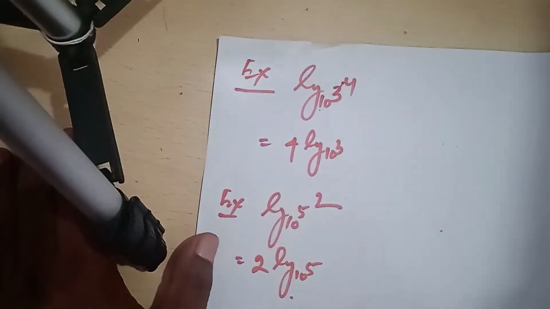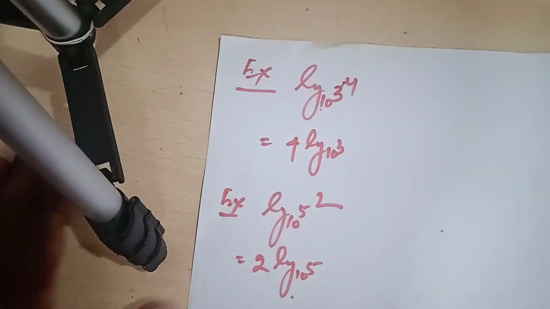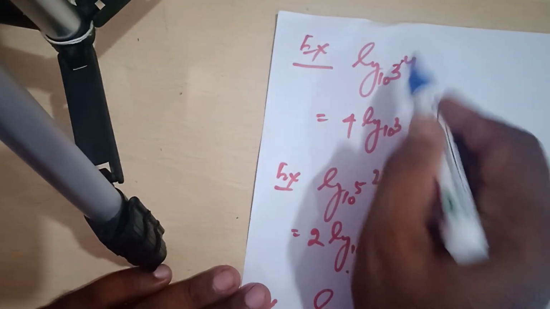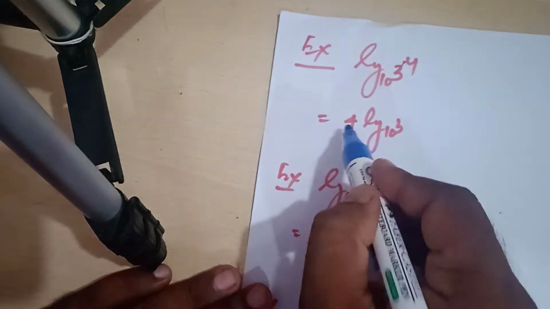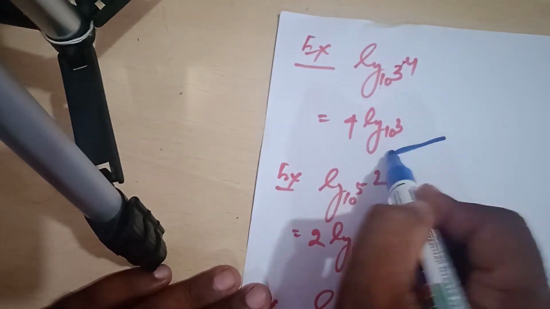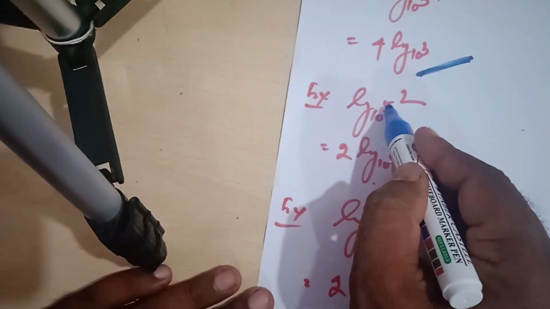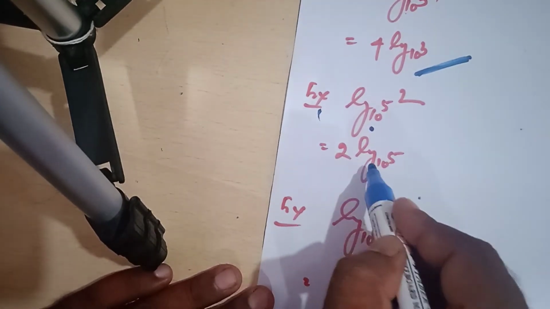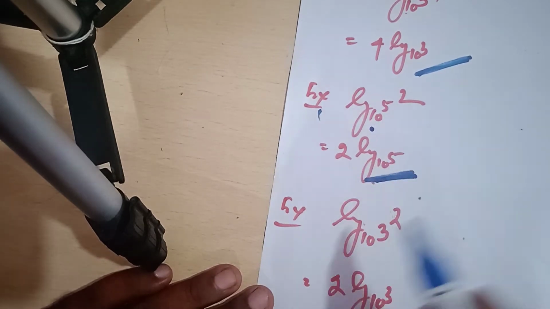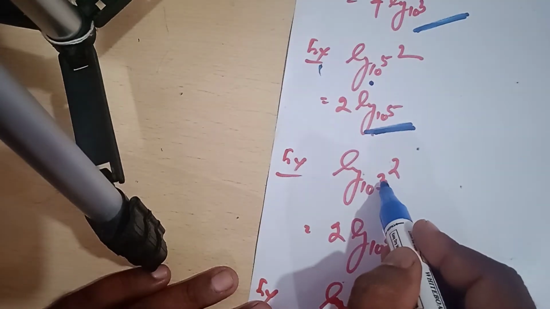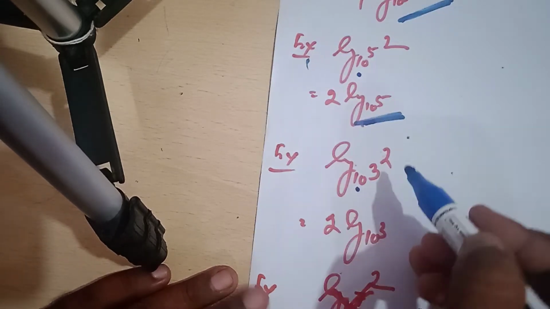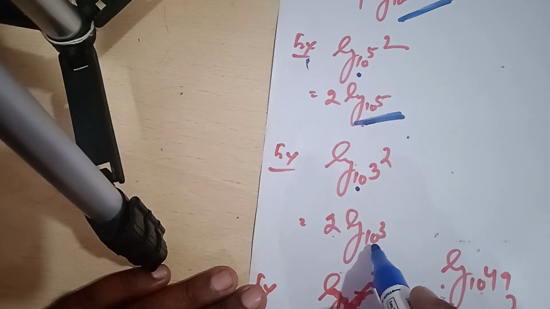This is the involution law. Similarly, I can put some examples. Log 3 to the power 4 to the base 10 is equal to 4 log 3 to the base 10. Second one is log 5 to the power 2 to the base 10 is equal to 2 log 5 to the base 10. Third is log 3 to the power 2 to the base 10 is equal to 2 log 3 to the base 10.